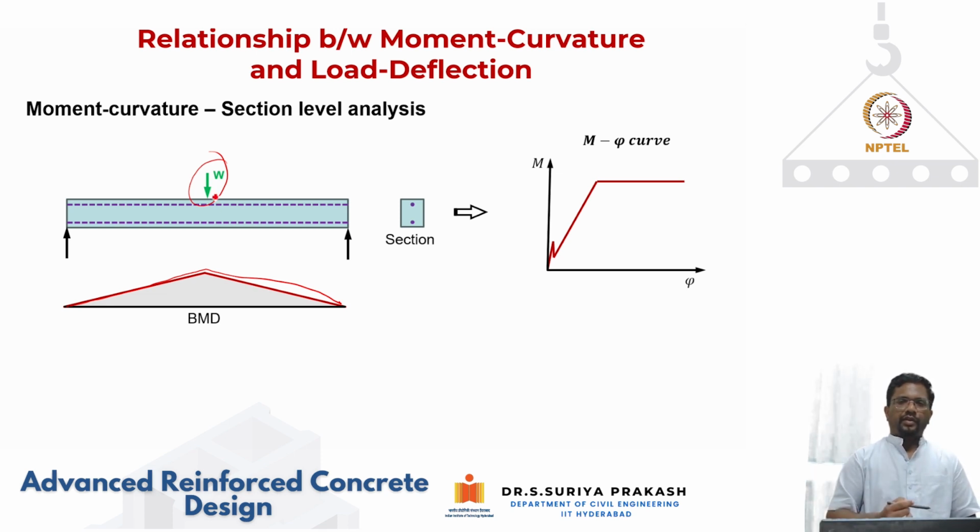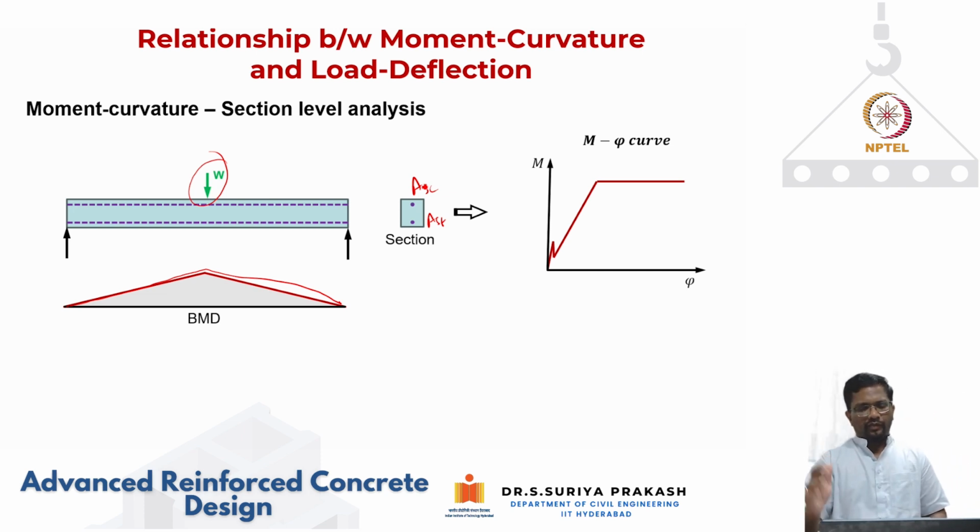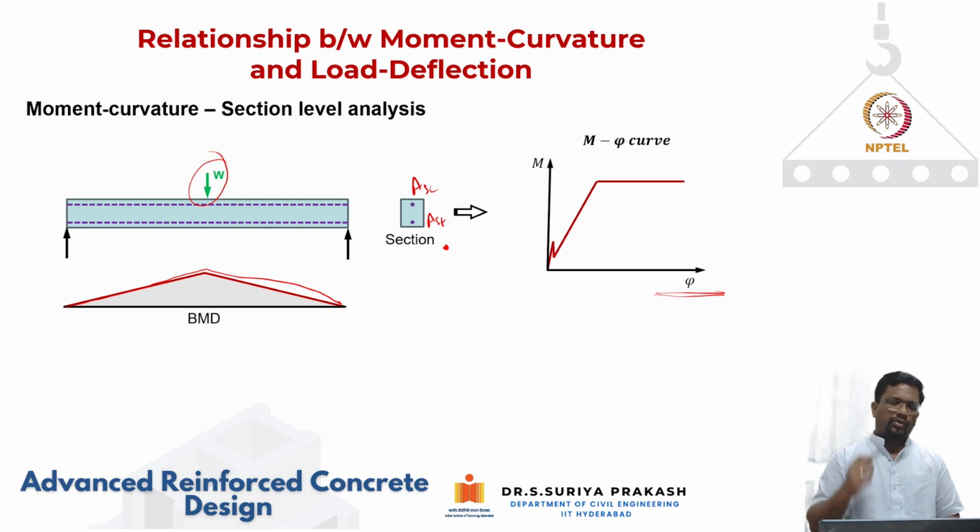If I have the same cross section of steel with ASC and AST remaining the same throughout the length of the member, then each cross section will have the same moment curvature. So you know how to do moment curvature analysis. If the sectional dimensions are given, if the concrete strength is given, and if the amount of compression steel and tension steel is given, then we will be able to get the moment curvature behavior like this.